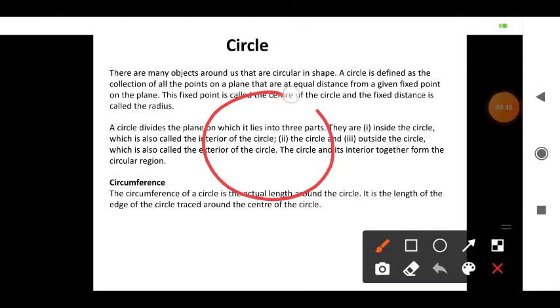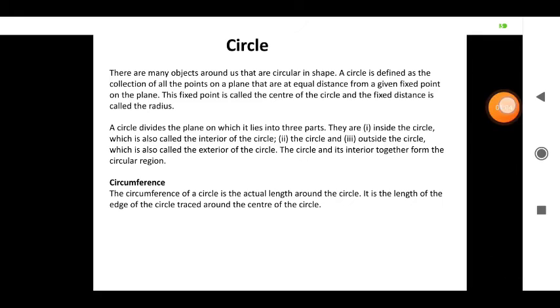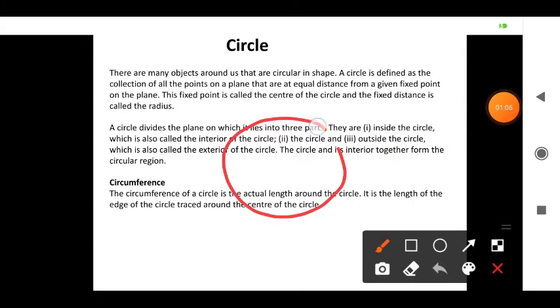If you draw a circle, you are collecting so many points. A circle is a collection of points on the plane, that are at equal distance from a given fixed point. For example, this is a fixed point.